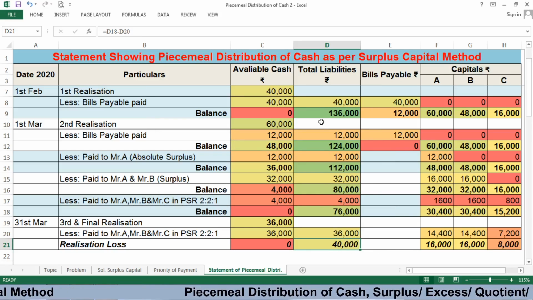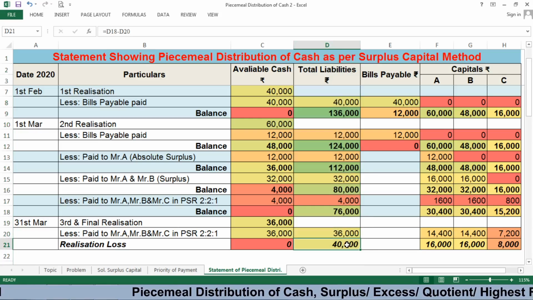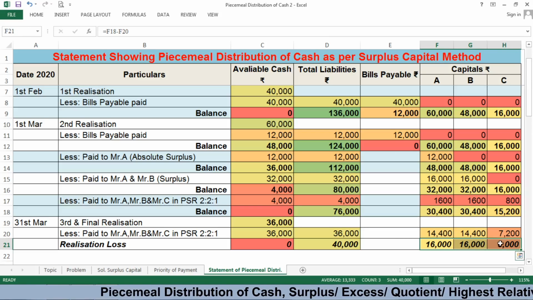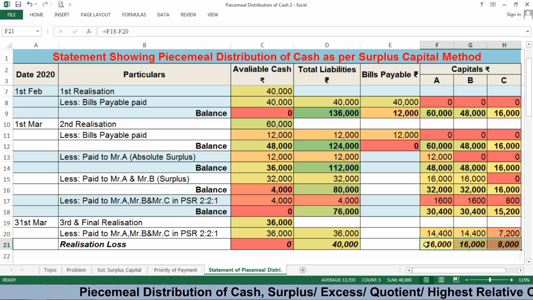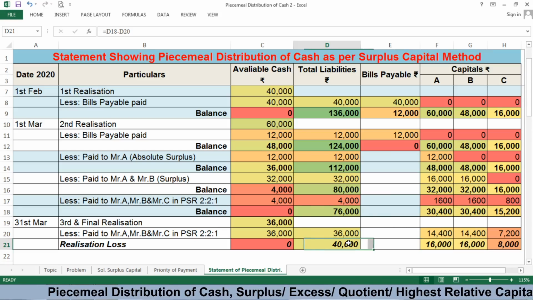As I said earlier, you have to prepare this column as an extra column, which will be helpful to check how much amount you still have to pay. The total of your partners' capital balances, that is, the amount not paid to the particular partners, is 40,000, and our total liability still payable is also rupees 40,000.